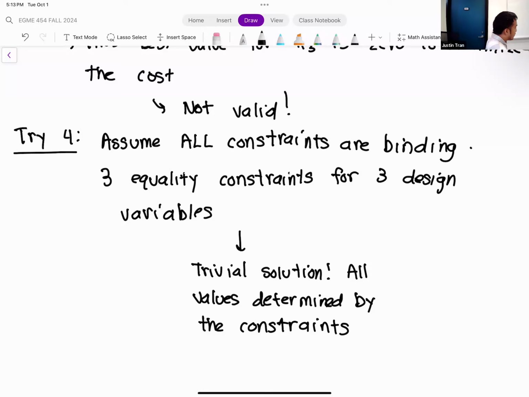This is pretty rare and not always going to happen. Usually, if you're posing it as an optimization problem, you have some degree of freedom to change the values. It's just that this is one of those cases where it's not like that.